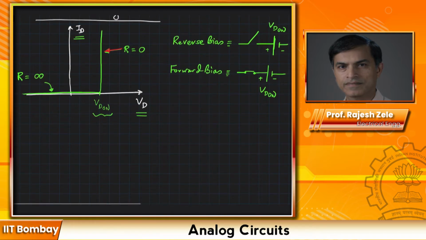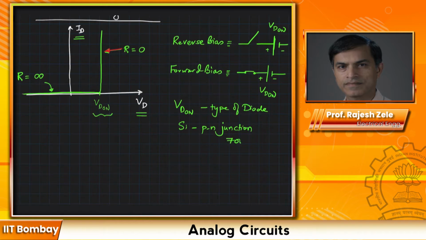The on voltage of the diode, or VD on, depends on the type of diode, what material is used to make this diode. And for a silicon PN junction diode, this value is somewhere between 700 to 800 millivolts.